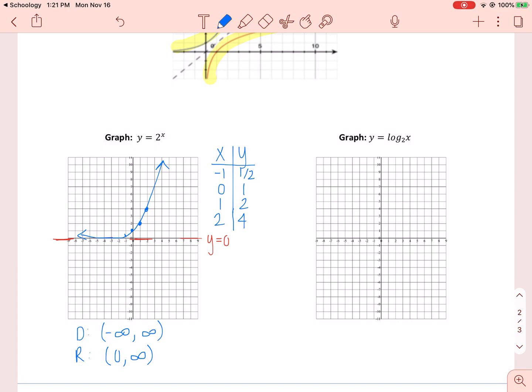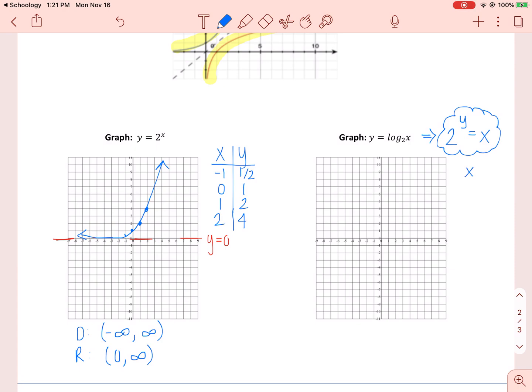Okay, well, graphing the next one, y equals log base 2 of x. Well, it's a log. I don't really know what to do. So I'm going to transform it into exponential. I'm going to take my base of 2, raise it to y, and it's going to equal my argument. This is something I can graph now.